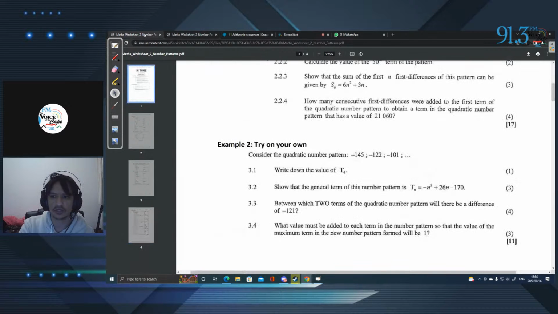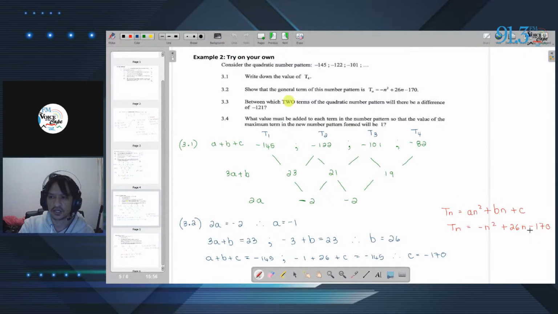Well, if we go back to the original equation that we solved for, if n is equal to 13 and we substitute it in here, we get negative 13 to the power of 2, plus 26 times negative 13, minus 170.